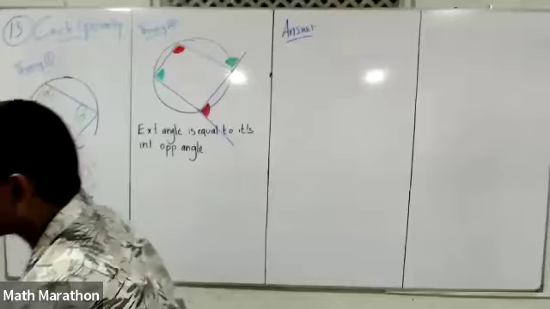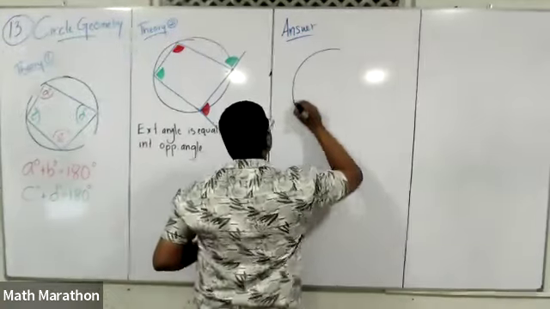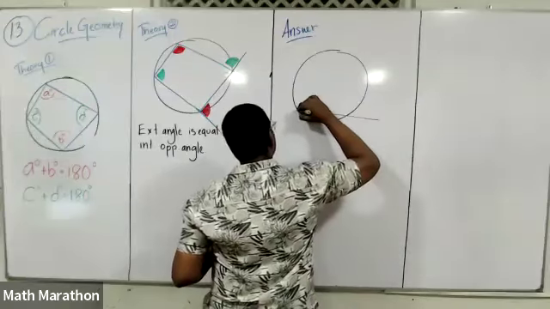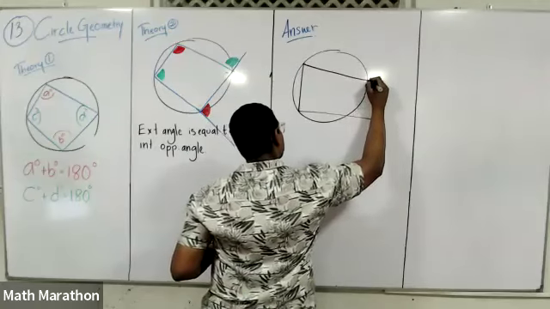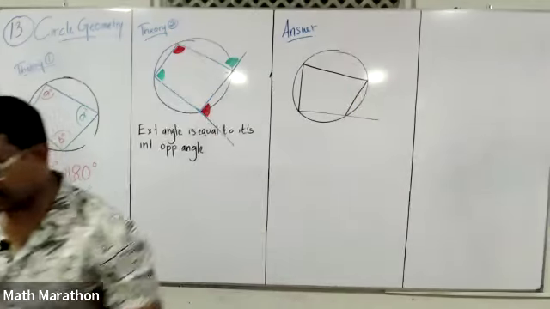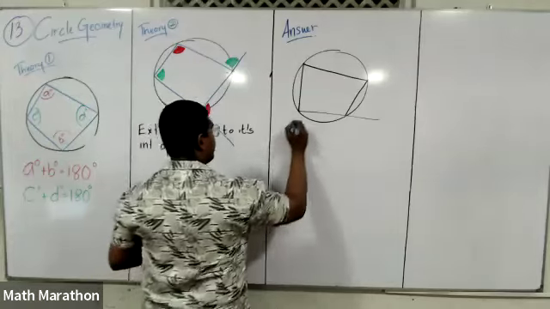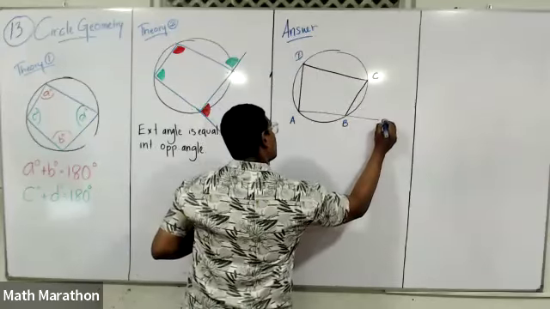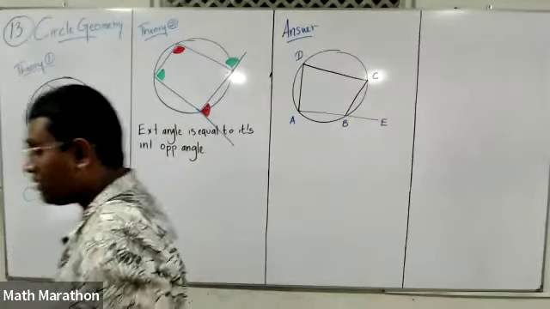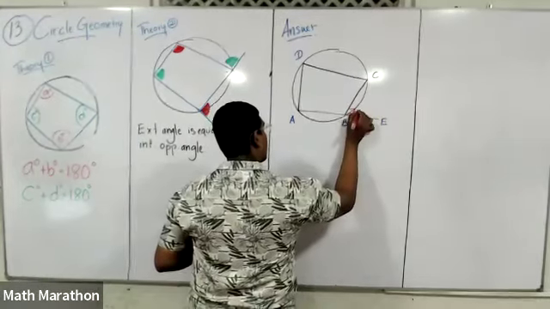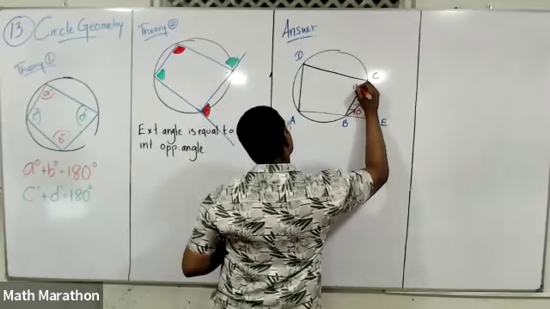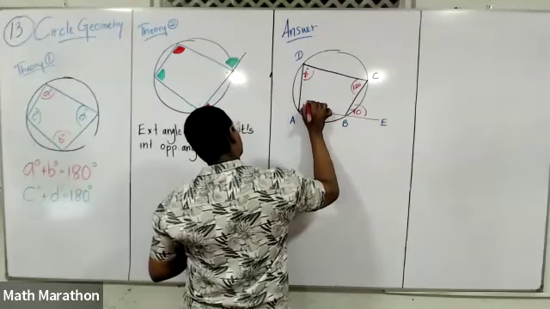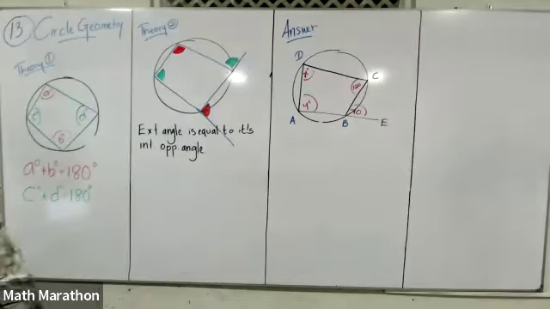So what do we have here? I have a cyclic quadrilateral, something like this, A, B, C, D, E. What do I have? 70, 120, X and Y. How do I find X?